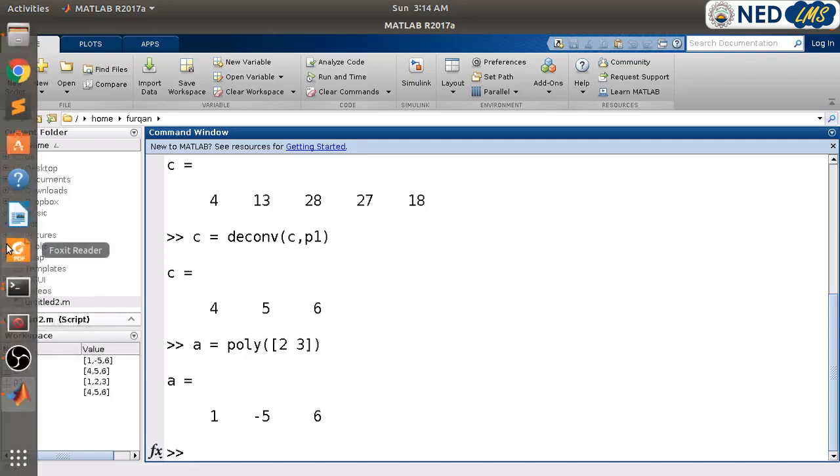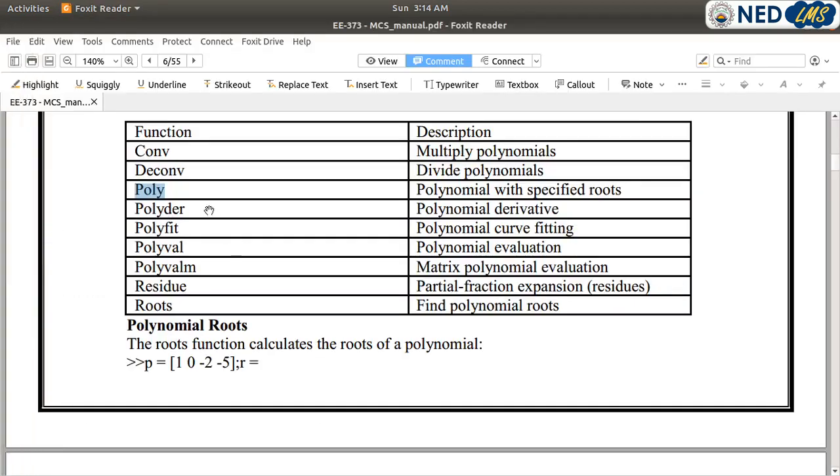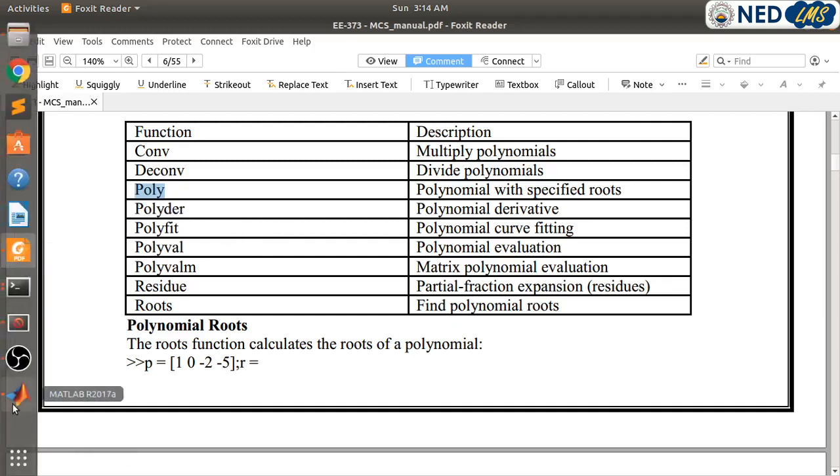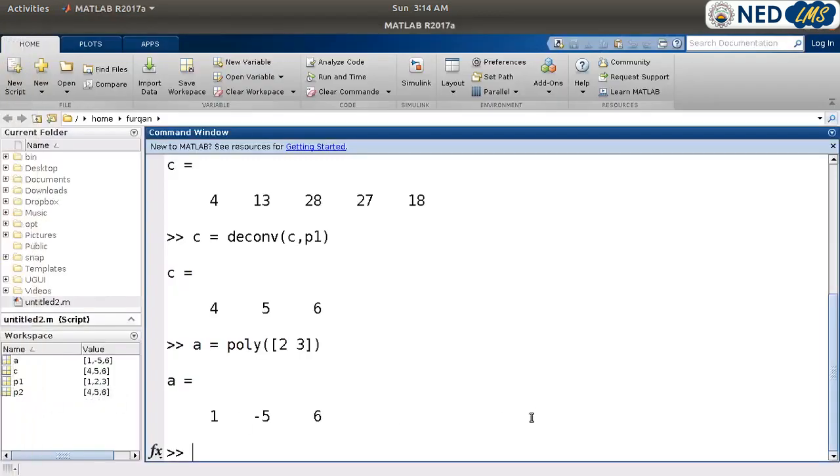Now let's move towards the next function, which is polyder. This function is used to differentiate a polynomial. Just see how we can do it. polyder of a. We are differentiating this polynomial, so this 6 will become 0.